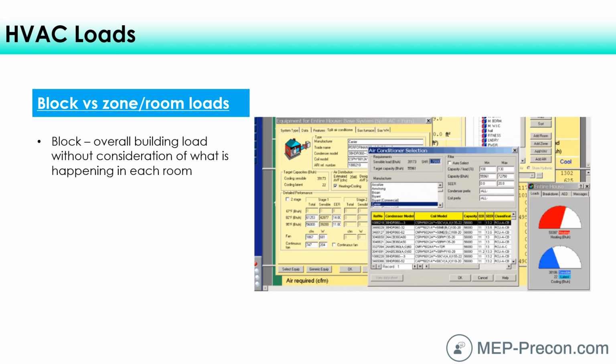Then, depending on what kind of equipment you use to serve the whole building, sometimes you can take some diversity in your equipment because not all zones are going to peak at the same time. So if you have a big central piece of equipment, you can downsize it a little bit to take advantage of diversity and not pay so much in upfront capital cost because, again, not all of those zones are going to peak at the same time.